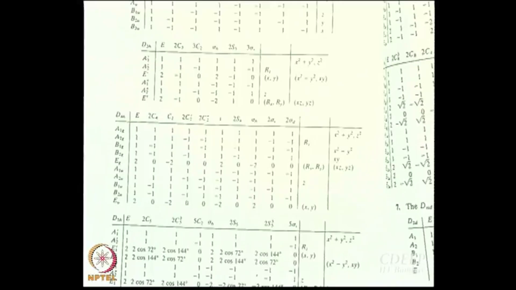Sigma H gives sigma 1. Sigma V, again there are 2 sigma V's, and 2 sigma D. So finally you get something multiplied by sigma 1 plus sigma 2 plus sigma 3 plus sigma 4.